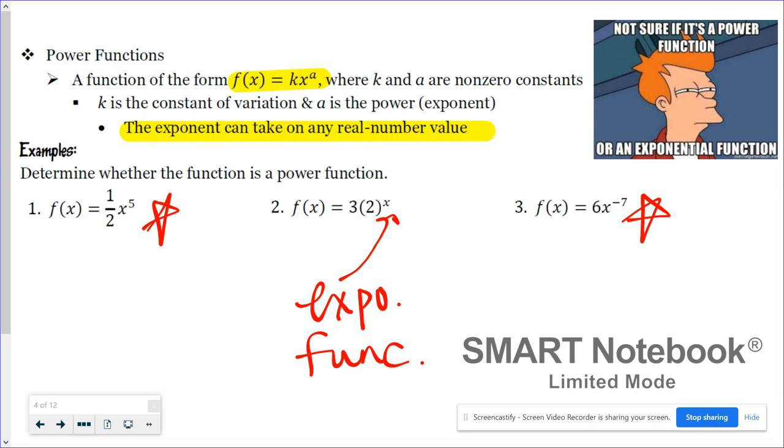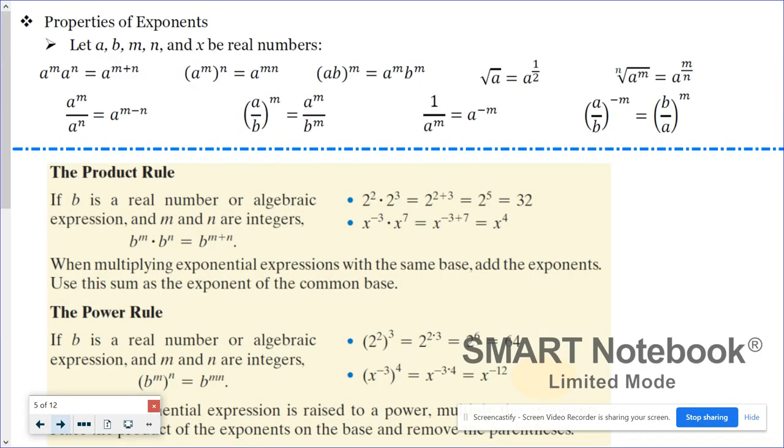Now, we're going to encounter functions that aren't written as power functions initially. And so we can write a function that doesn't at first glance look like a power function. We can write it as a power function using our properties of exponents. Okay, now there are quite a few properties of exponents here.